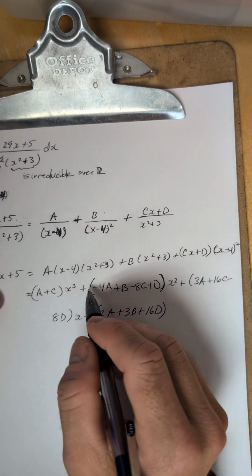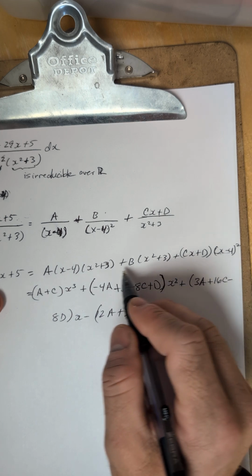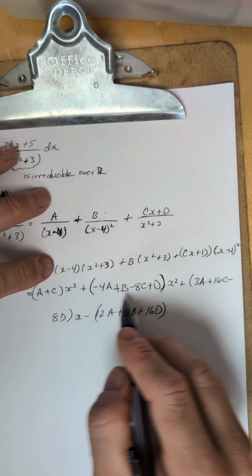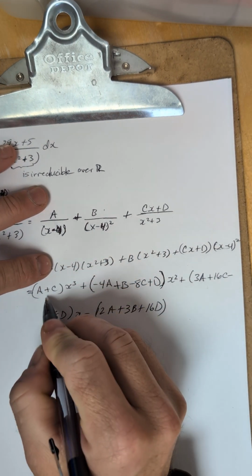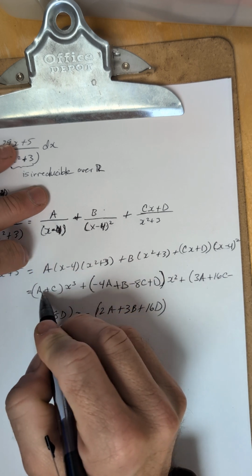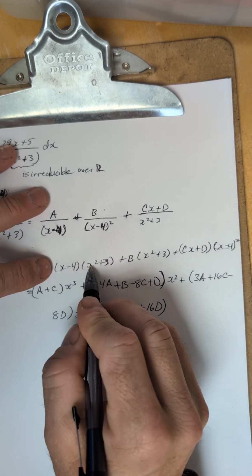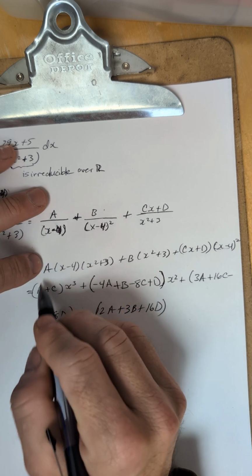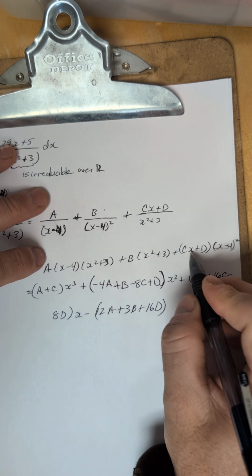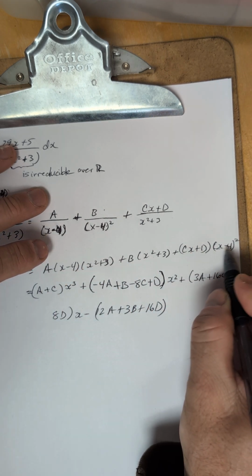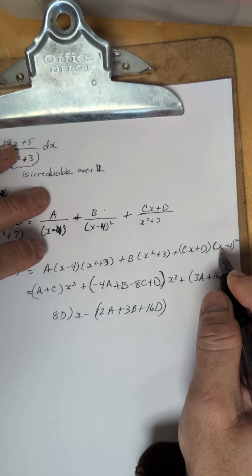All right, after careful manipulations and multiplying everything through, we have them termwise. So you can see, for example, the coefficient for the x cubed comes from multiplying A times x, or x times x squared, which gives us the A here. Likewise, the C comes from this x times the x minus 4 quantity squared.